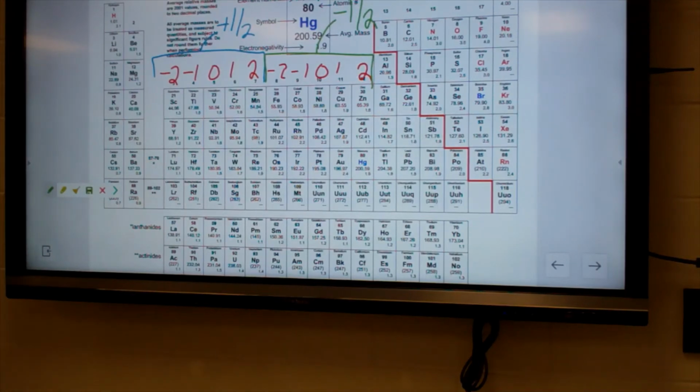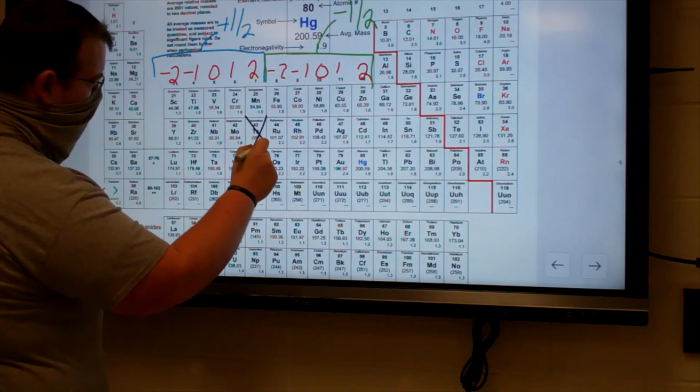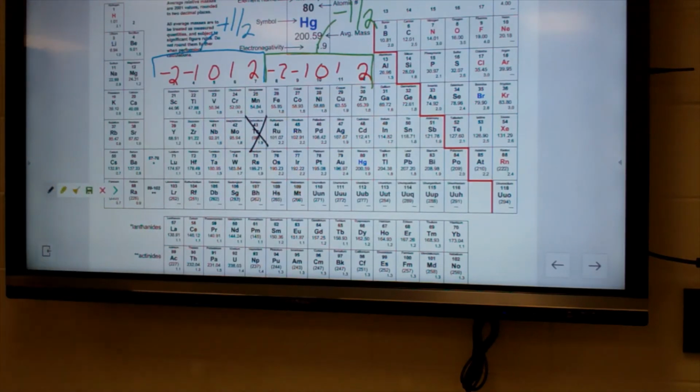So let's say, for example, just for the fun of it, I asked you to give me the 4 quantum numbers for technetium, number 43. So I put an X on the spot. Hold on. Okay.